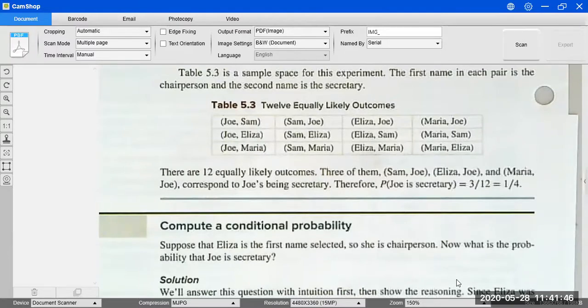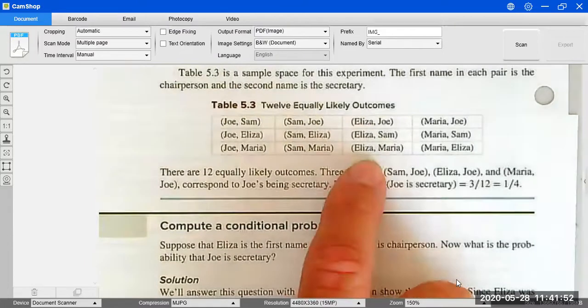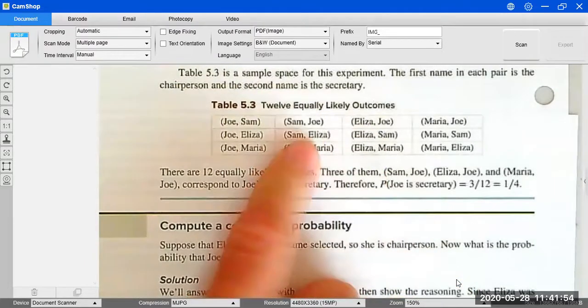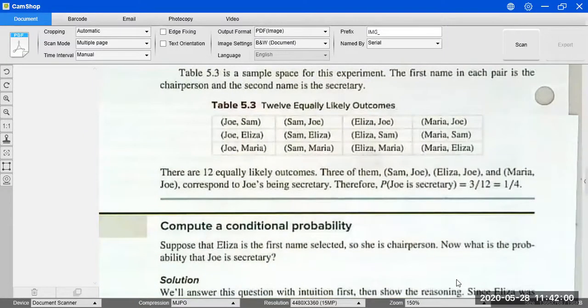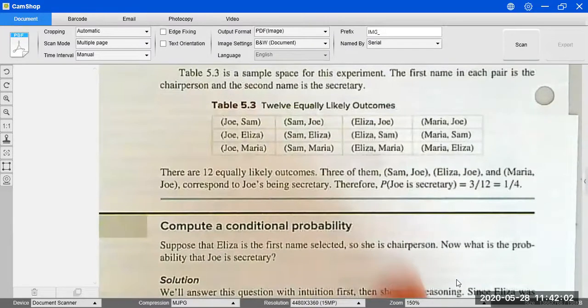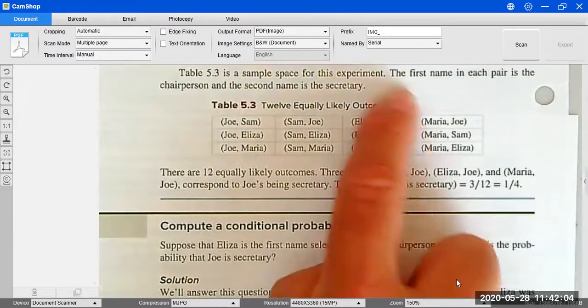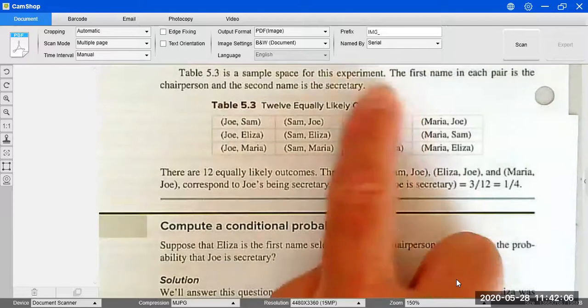The important thing is that event B is going to depend on event A. So Elisa is the chairperson. This column, this column, this column, they are no longer needed because we know that Elisa is going to be the chairperson. This is my new sample space, only 3 cases.